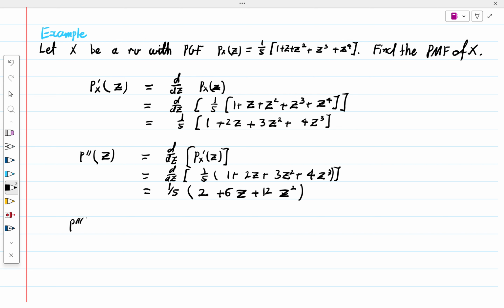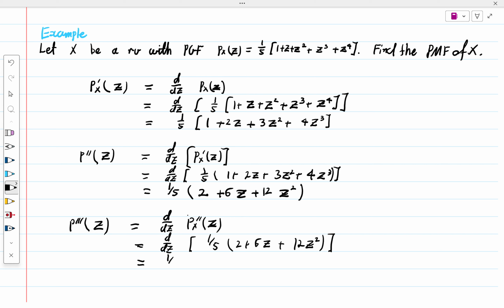Similarly, we can derive the third derivative, which is the derivative of the second derivative, which in this case is d/dz of 1/5 times (2 plus 6z plus 12z squared). Again, the 1/5 can come out as a factor.